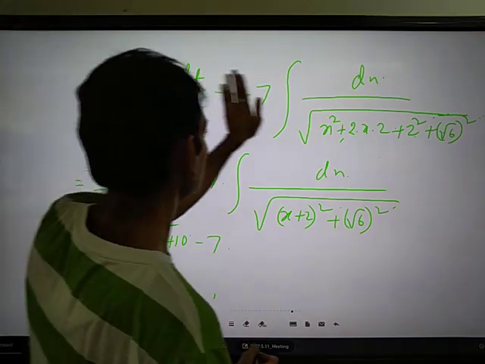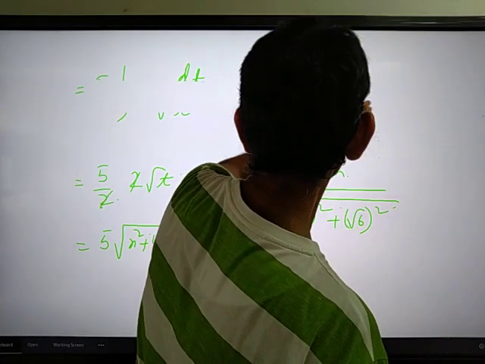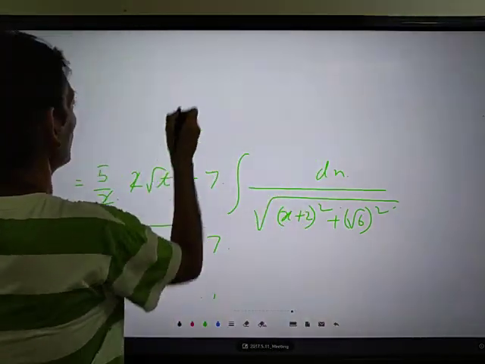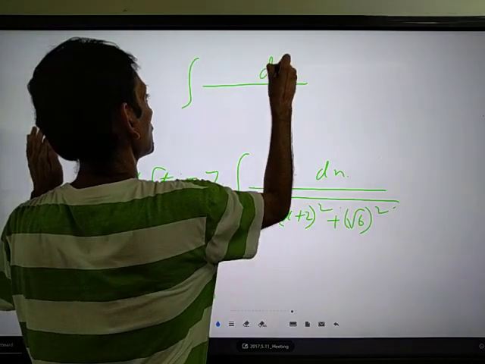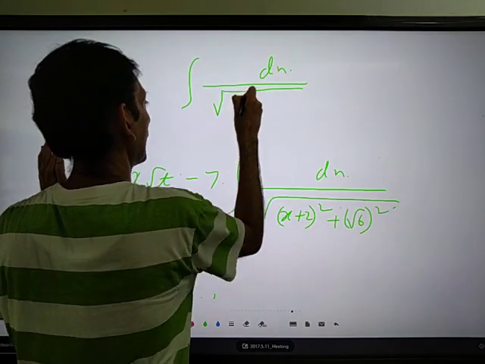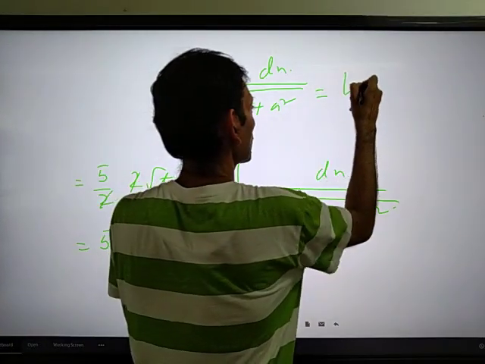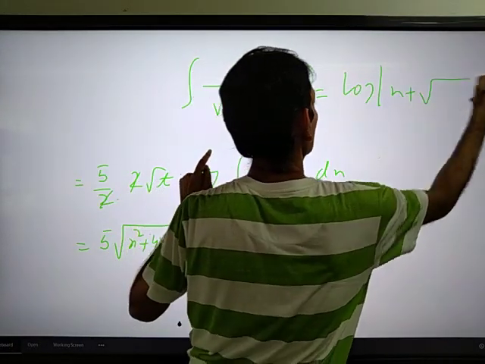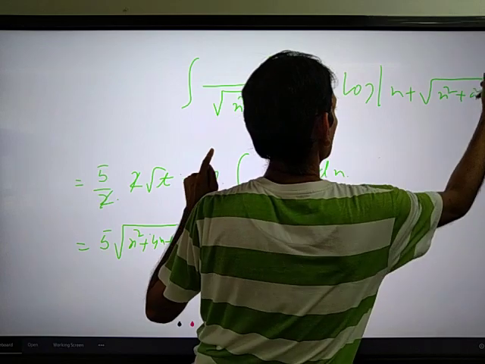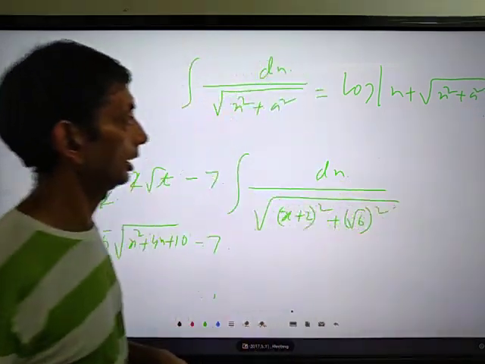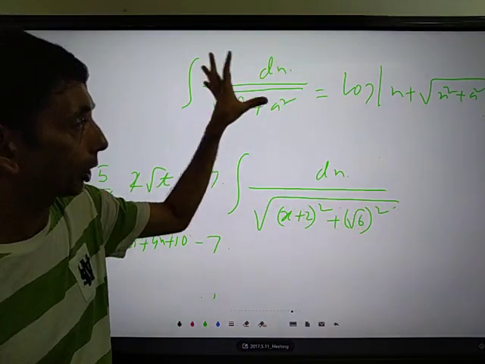I hope you remember this standard form: the integration of dx by under root x squared plus a squared. Do you remember this? This is log of x plus root of x squared plus a squared, plus c. This is a very important standard integral.